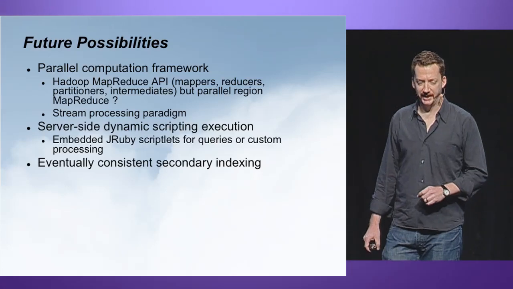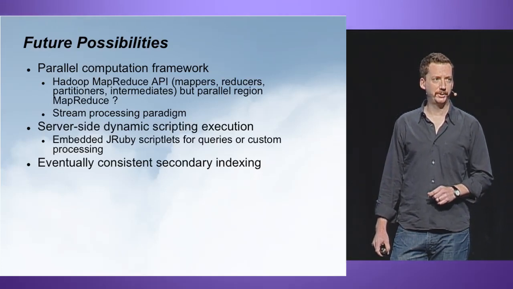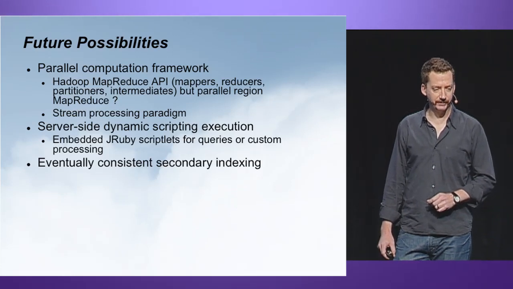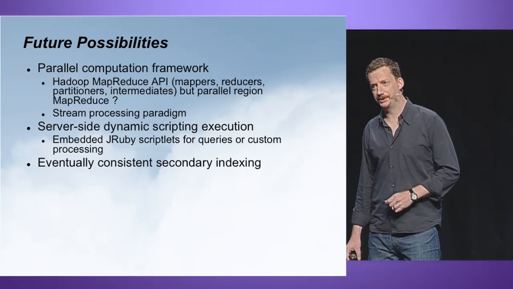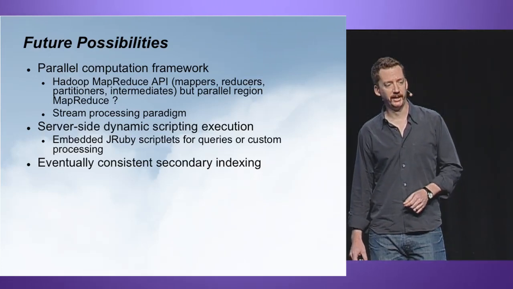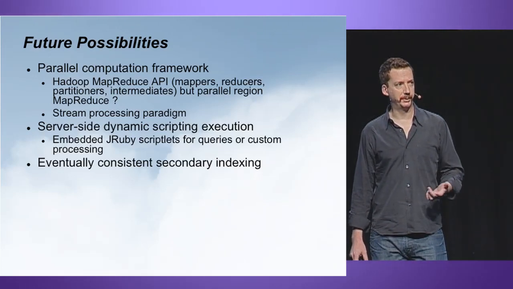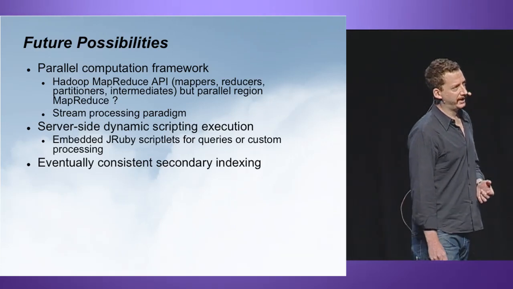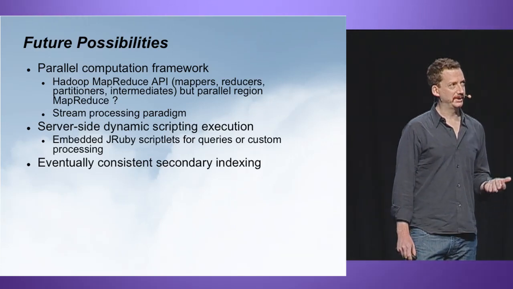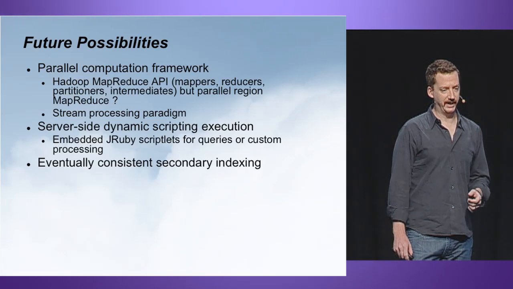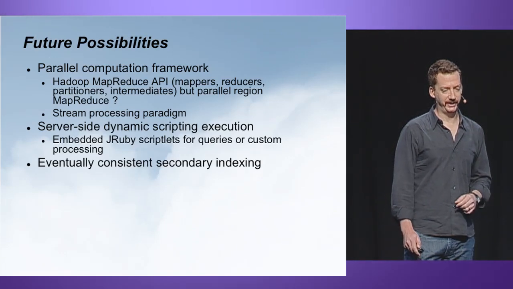There's been talk of embedding a JRuby interpreter, allowing you to execute dynamic script fragments against your table data. And there's been a lot of interest in building some form of eventually consistent secondary indexing, using region observers to queue up index updates as the underlying data changes, as well as persisting records of those index updates to the write-ahead log using the WAL observer, and providing consistency guarantees via that.